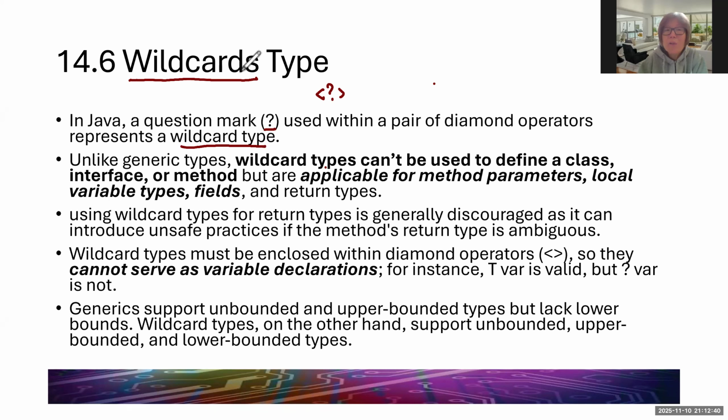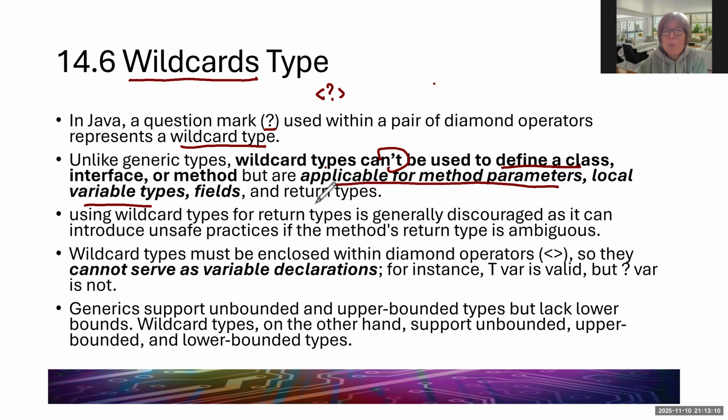But be careful, a wildcard type is not a generic type, so it cannot be used to define a class, interface, or method. But it is applicable for method parameters, local variable types, fields, and even return type.